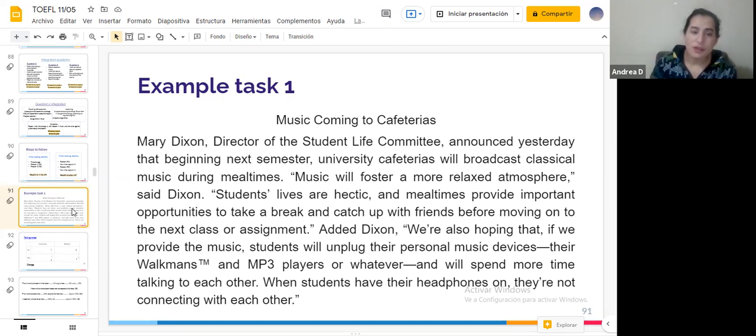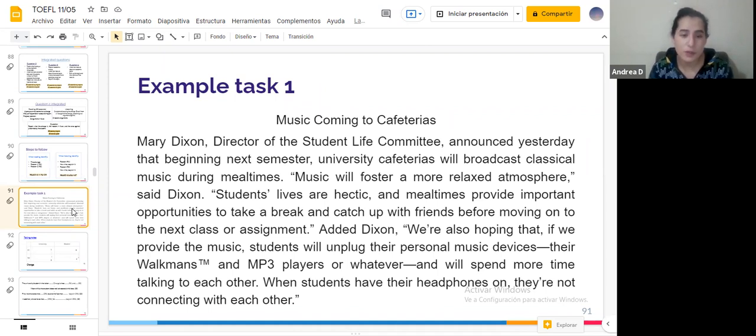That's mainly why people take the TOEFL. So in this task, you will have a lot of college life vocabulary, like campus, major, and all that college-related vocabulary. So make sure to check it out as well.